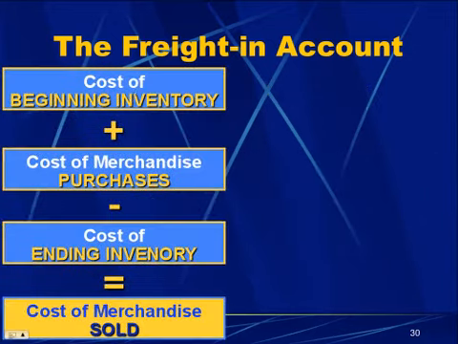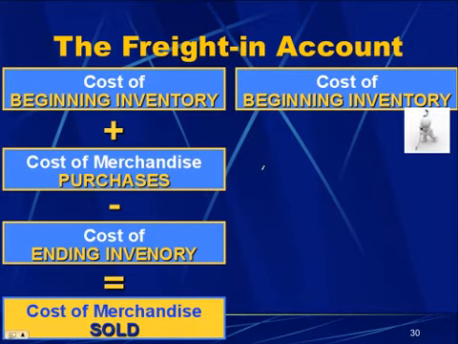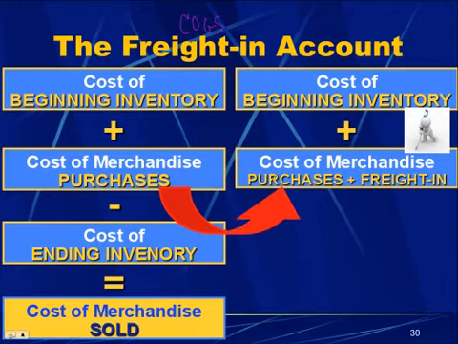We saw this formula in the last video: beginning inventory plus purchases minus ending inventory equals cost of goods sold. I'm going to slightly build on this as we go through this chapter. This is going to be our new cost of goods sold formula. Beginning inventory plus purchases, so it's the same. But when you purchase merchandise, you have to pay for freight.